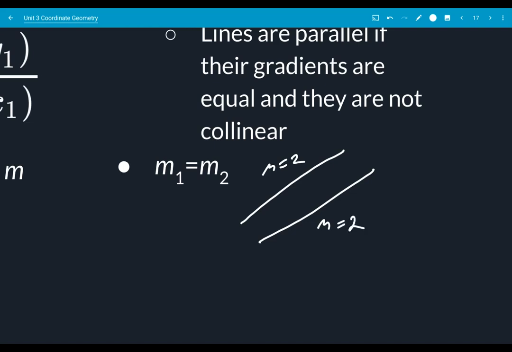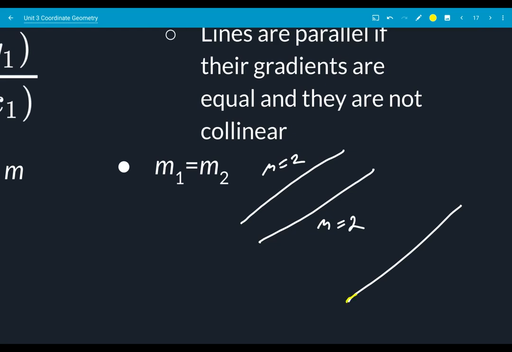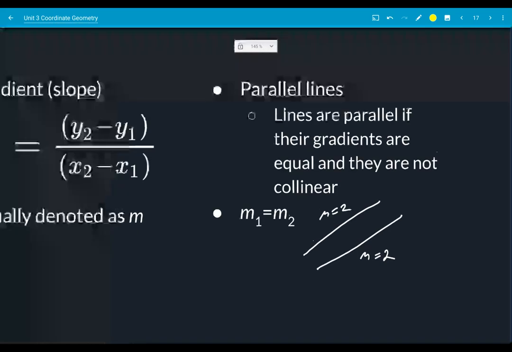They are parallel. But this line and this line are collinear. They have the same slope, but they cannot be parallel because they are the same line. They're equal to each other. So that's parallel. And if you're sketching by hand, remember we denote parallel with some symbol on the line on both lines.